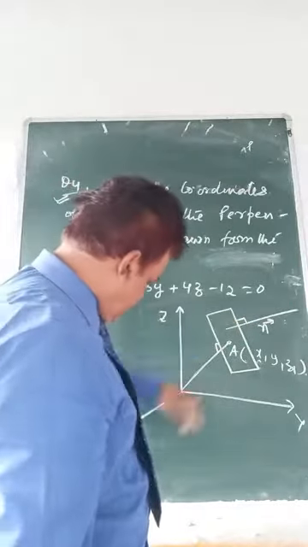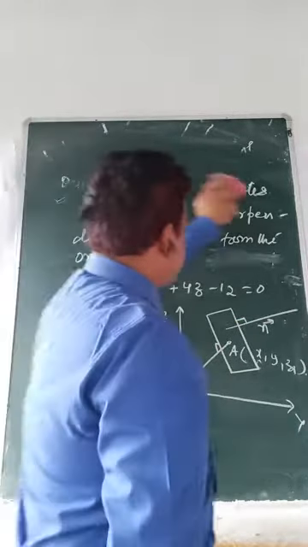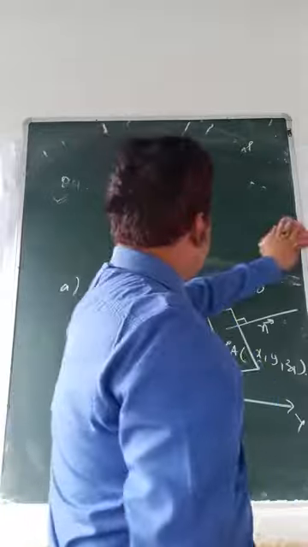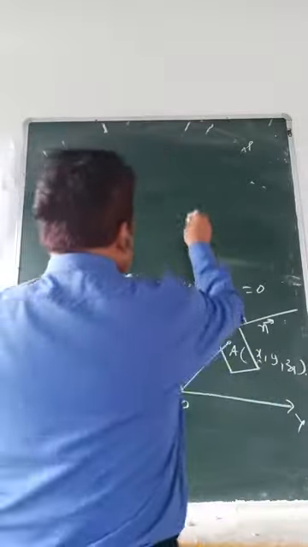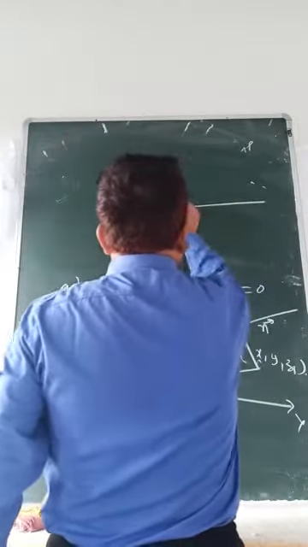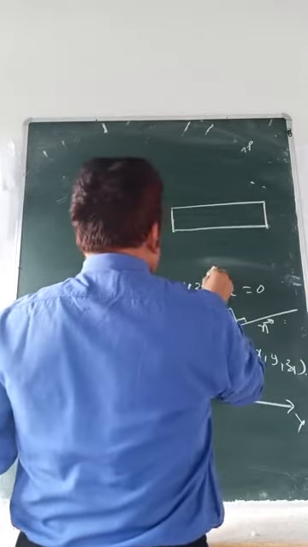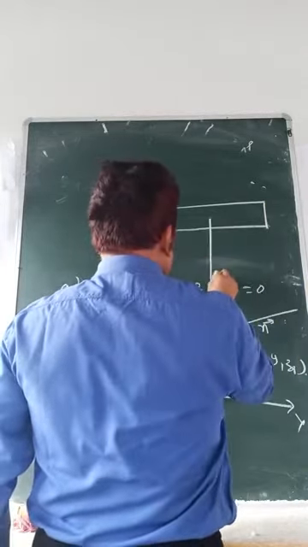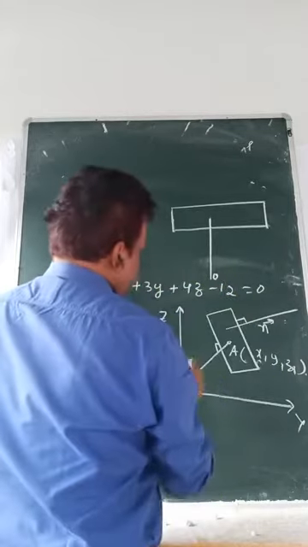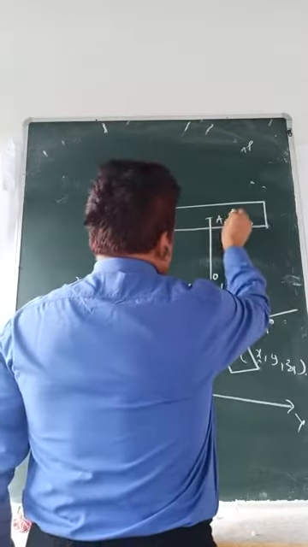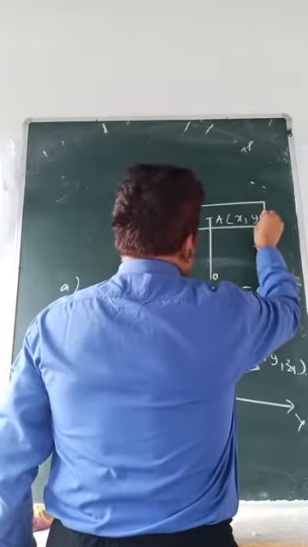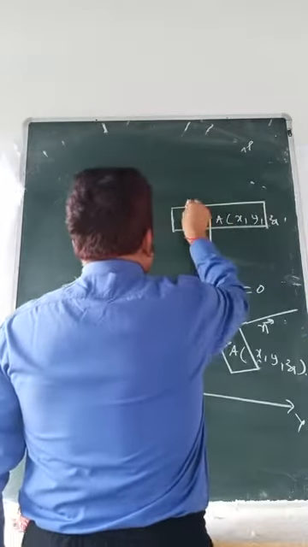So if I redo this diagram, it will be easy for you to understand. This is the plane. This is the origin. This is the point A, whose coordinates are suppose x1, y1, z1. There is a normal here.